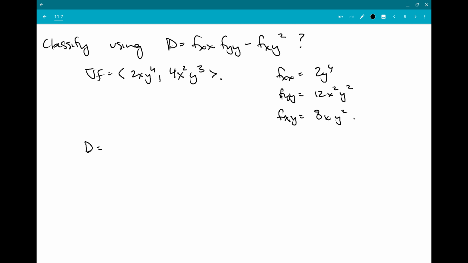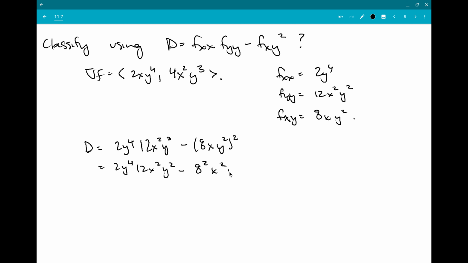So my D is equal to 2y to the fourth times 12x squared y squared, minus 8xy cubed, squared. So that's 2y to the fourth times 12x squared y squared, minus 8 squared x squared y to the sixth.